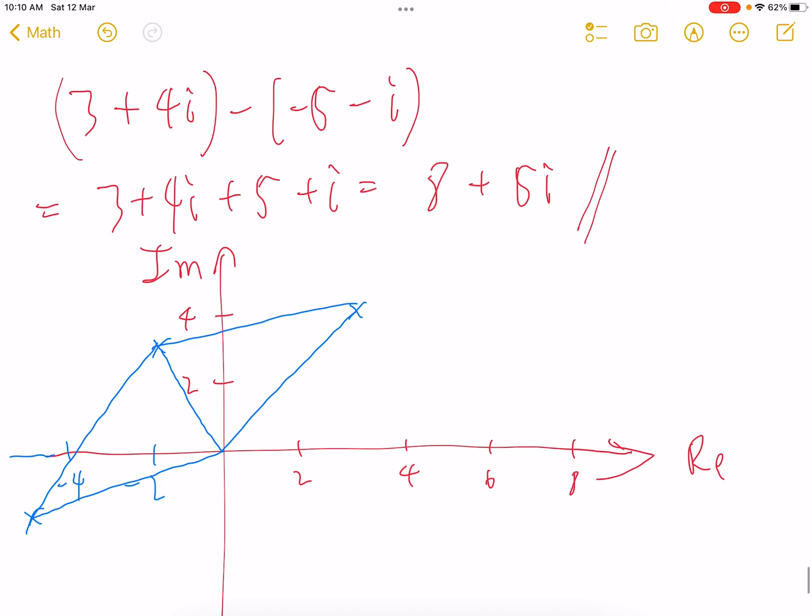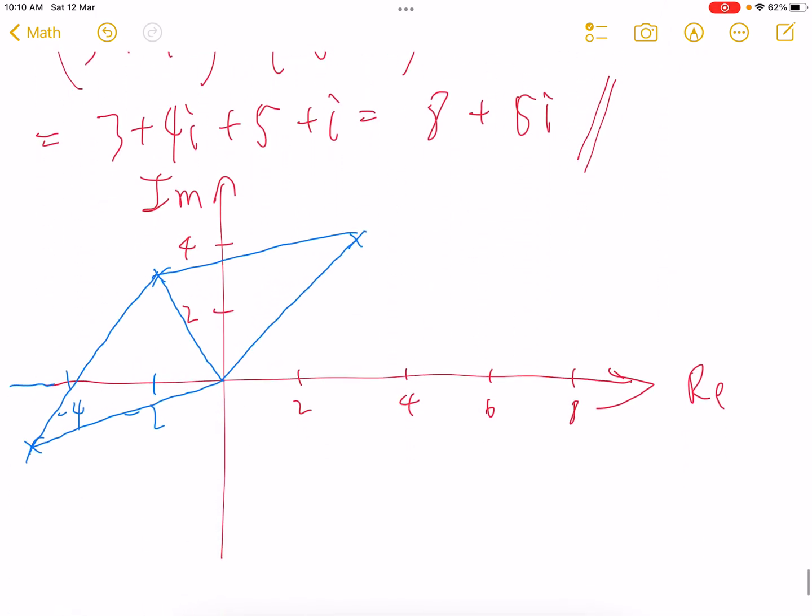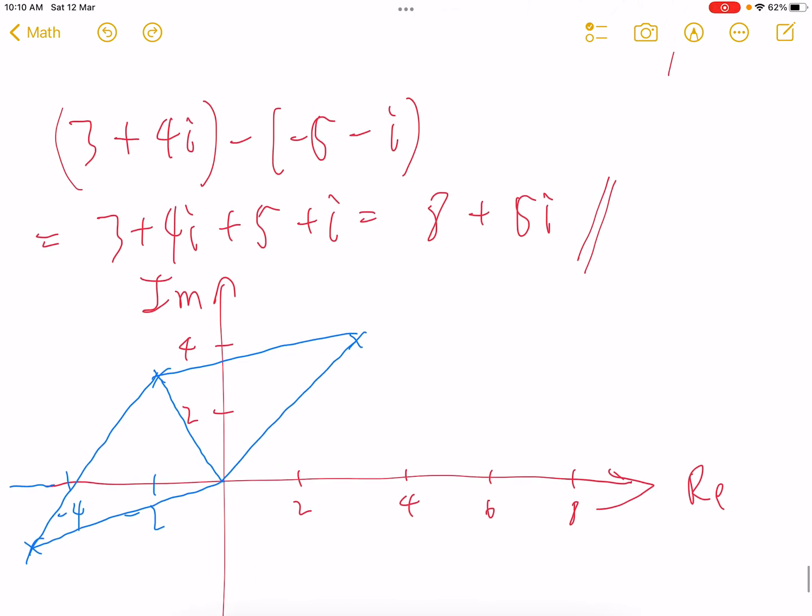So if we have 2 complex numbers adding together, it gives you the other point of a parallelogram. And wow, that is quite magical.